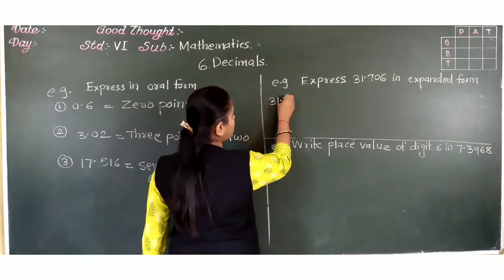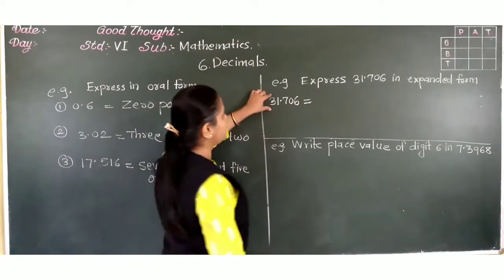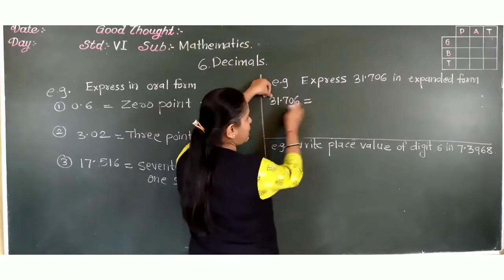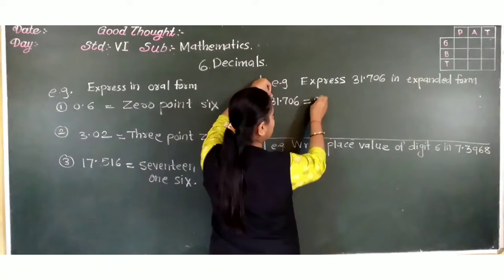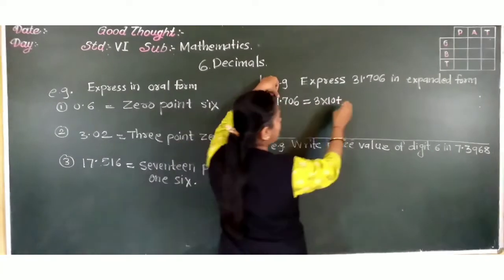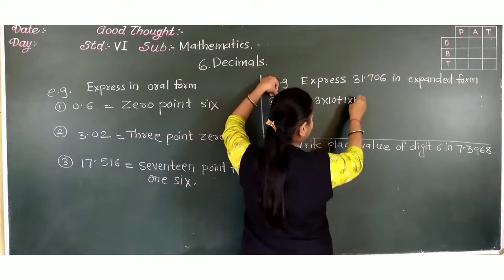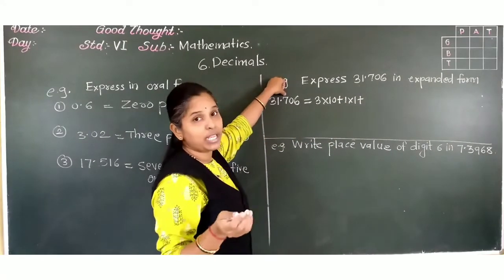See, 31.706. So 3: at which place is it? This is 10's place, so 3 into 10, plus 1 is at 1's place, so 1 into 1, plus. Now 7 is at which place?